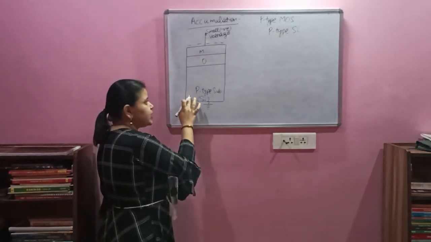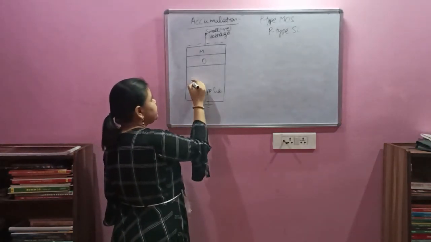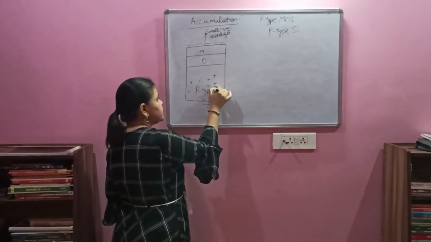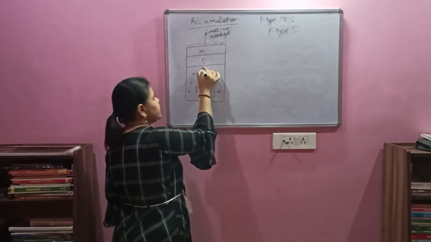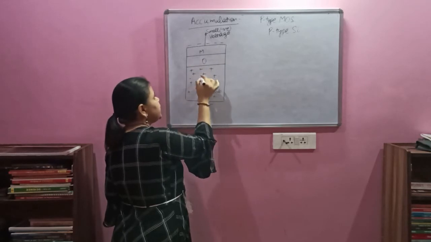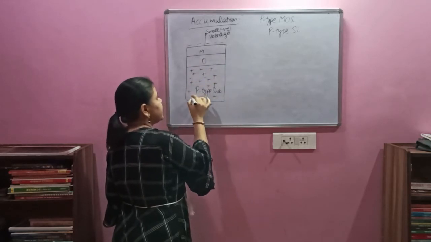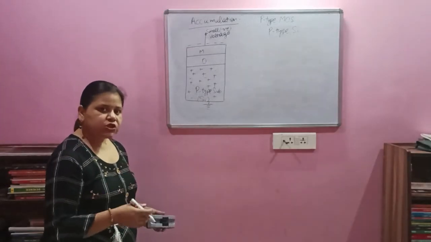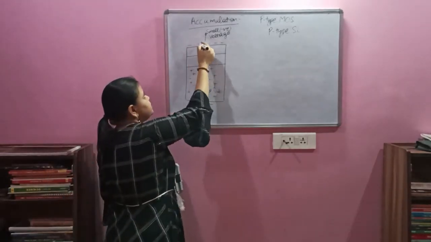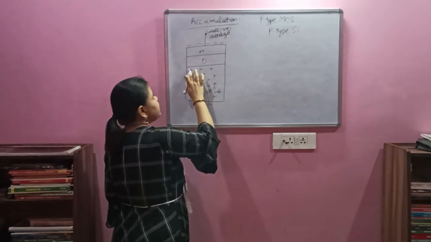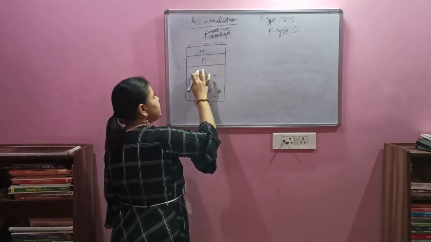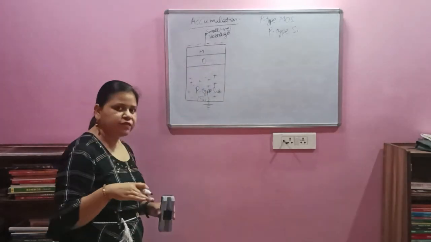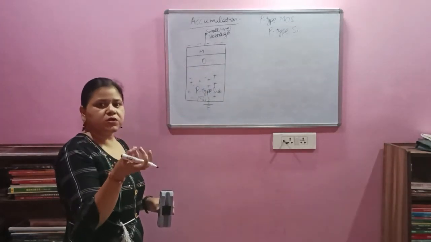This is a P-type substrate, which means holes are in the majority here, with few electrons as minority carriers. When accumulation is taking place, a negative charge is applied at the metal surface, then what will happen? Negative will repel the negative down and attract the positive up.